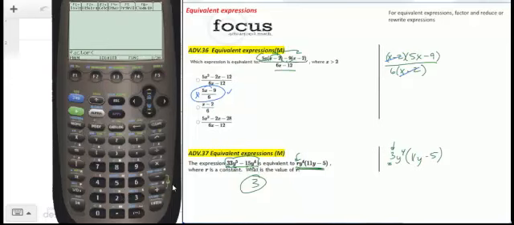If you choose factor and then type the expression exactly as it appears, I can use the same variable, y to the 4th, close that off, and hit enter. It gives you this factored form, and you can see that r is going to represent the 3, and you can get your answer that way as well.